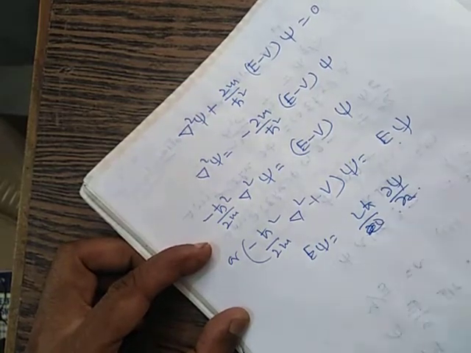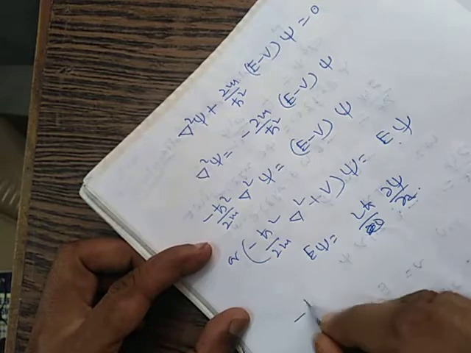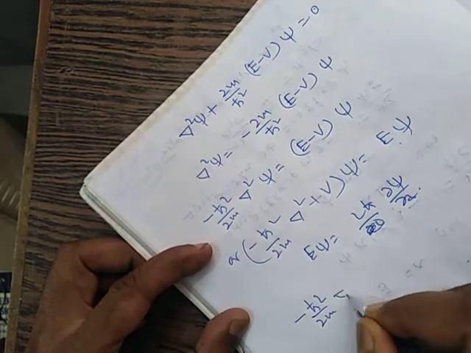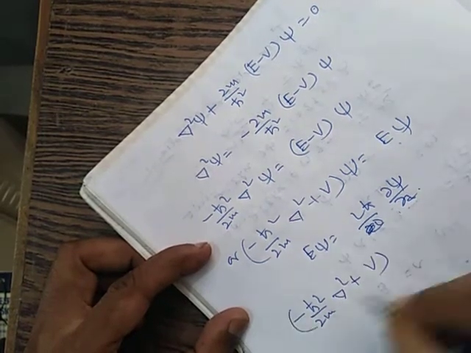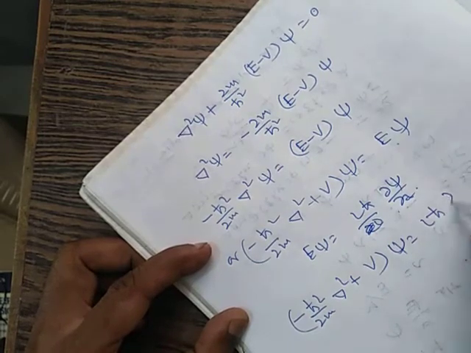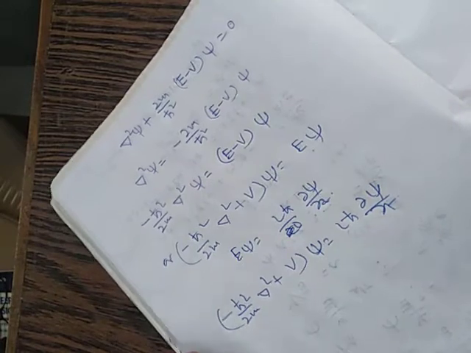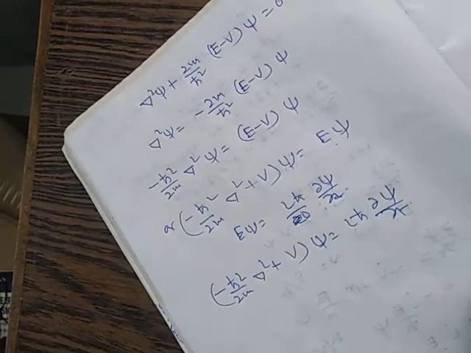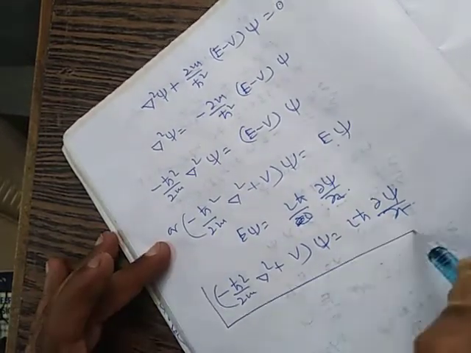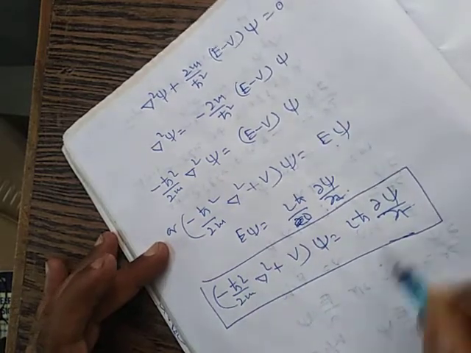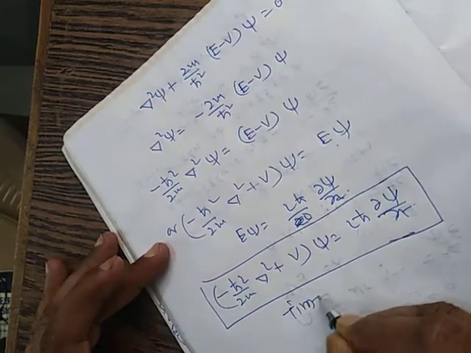So if I substitute the value here, it is minus h cross square upon 2m del square plus v psi is equal to iota h cross del psi upon del t. Then this equation is known as Schrodinger time dependent equation.